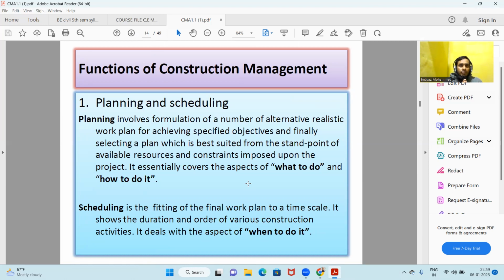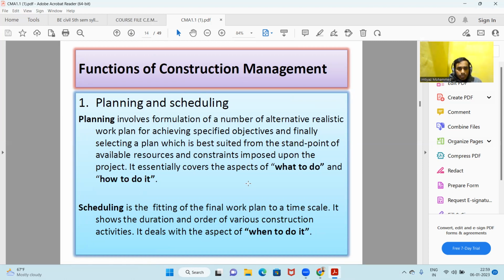So when we are looking at planning, we need to keep these keywords in mind: what to do and how to do it. Then scheduling is fitting of the final work plan to a time scale. When we have decided the final work plan, it becomes very crucial to fit it into a time scale, because we need to ensure that the project gets completed within a time interval.